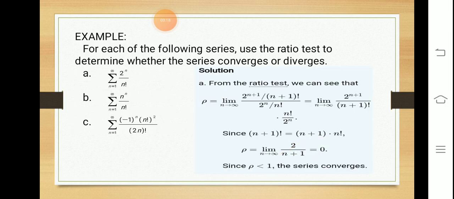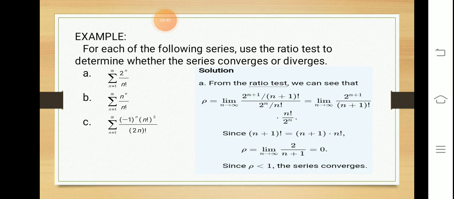So, for example, for each of the following series, use the ratio test to determine whether the series converges or diverges. The given example 1 is the summation of n equals 1 to infinity of 2 to the power of n over n factorial.